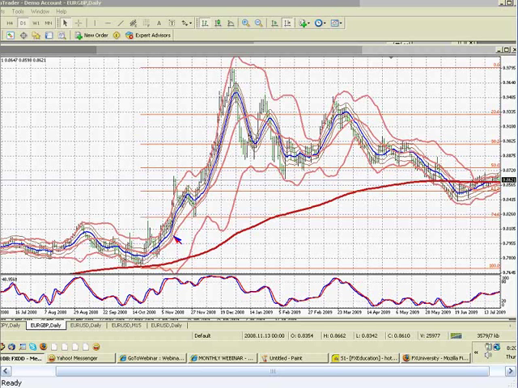There are a lot of mathematical variations of moving averages. We in our room for intraday trading like to use Fibonacci numbers, 3, 5, 8, 13, 34, 62 for our moving averages.